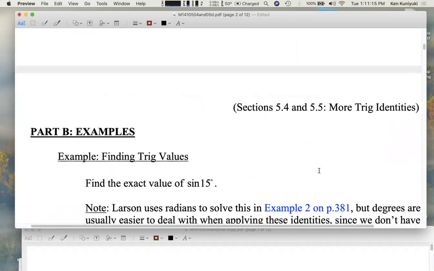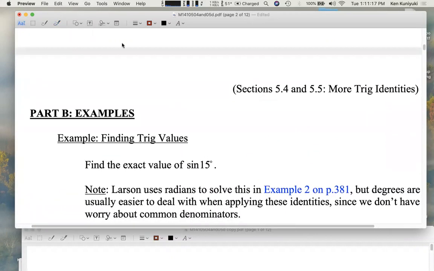First off, we can do things like find the exact value of something like sine of 15 degrees, because we can rewrite 15 degrees in terms of other known special angles. In many of these problems, it may be easier to work in terms of degrees.